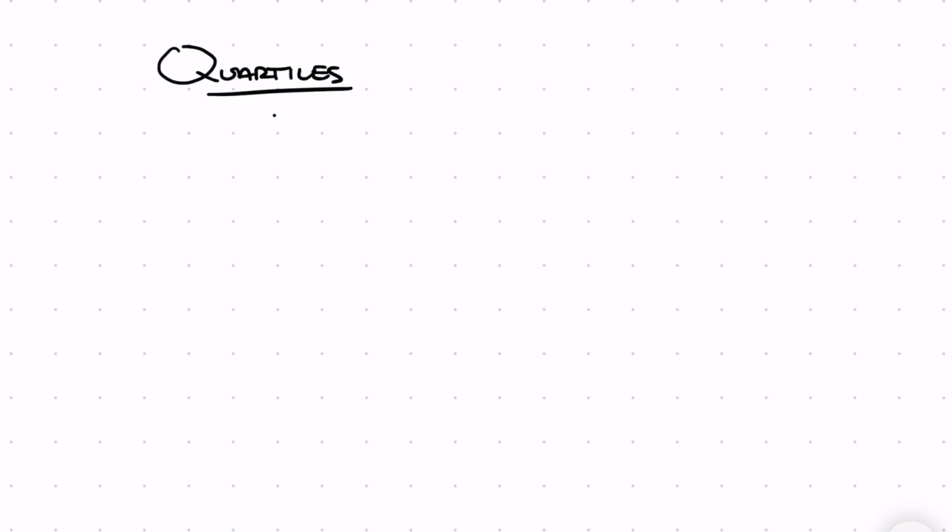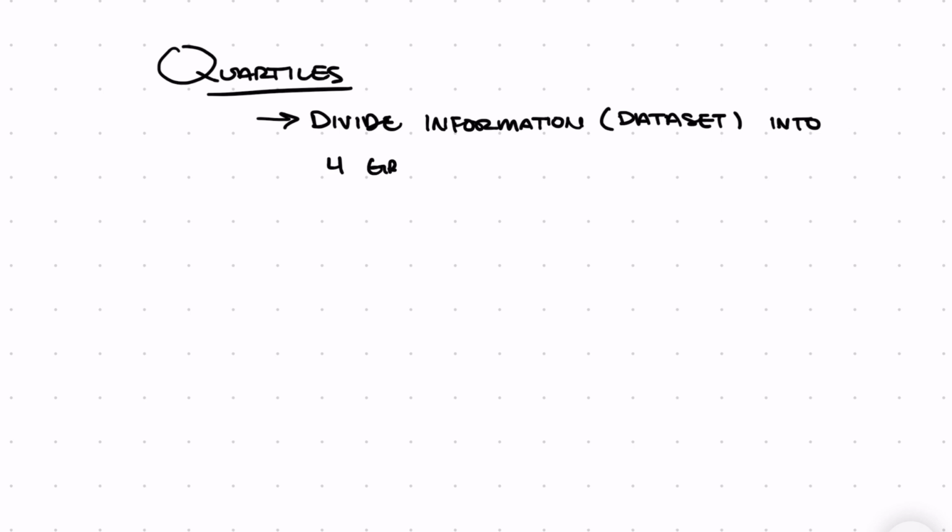So for quartiles, let's just mention what it is. Divide information (I'm going to put in parentheses data set) into 4 groups.